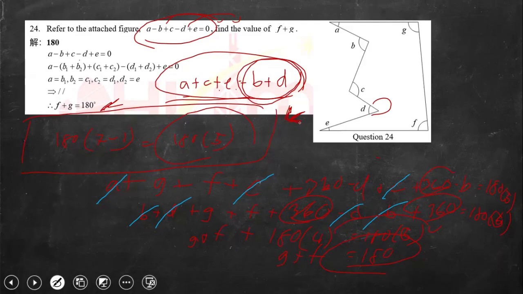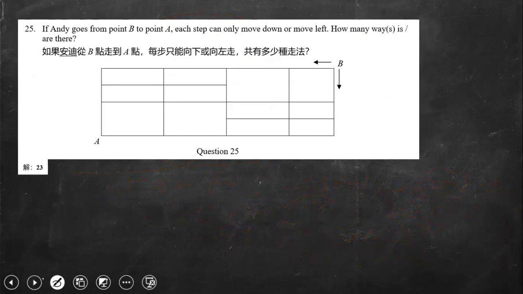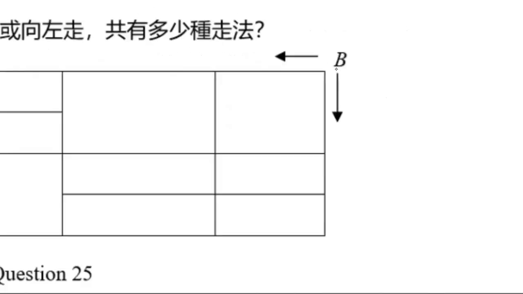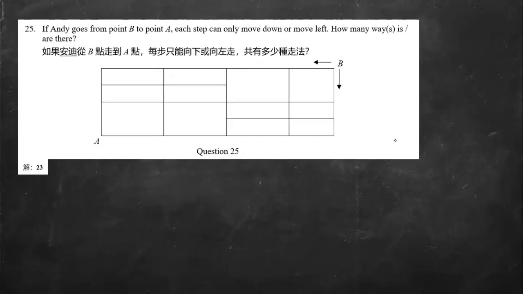Okay, next. If Andy goes from point B to point A, each step can only move down or left. So how many ways are there? So 23. So the way to solve this is, we know that from B, from this point, you have one way to get here, one way to get here, one way to get here, and one way to get here.